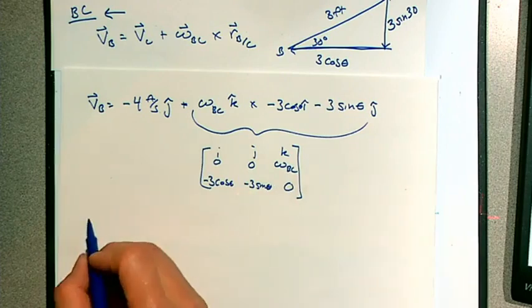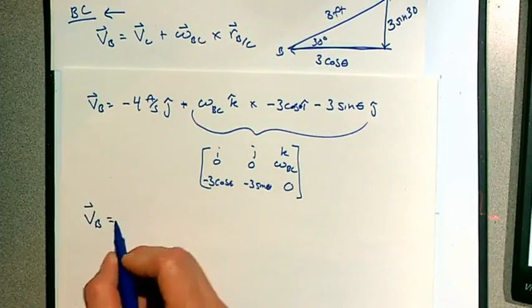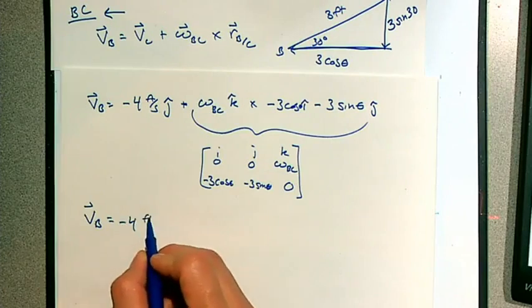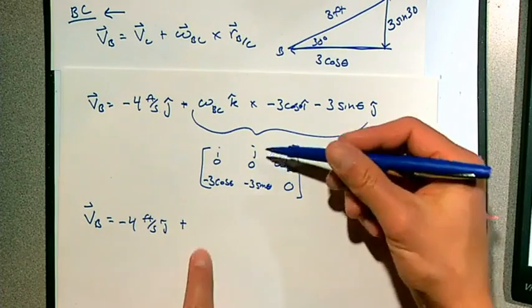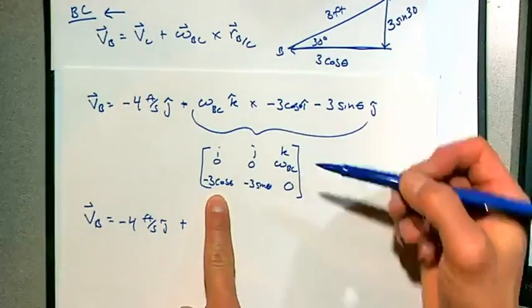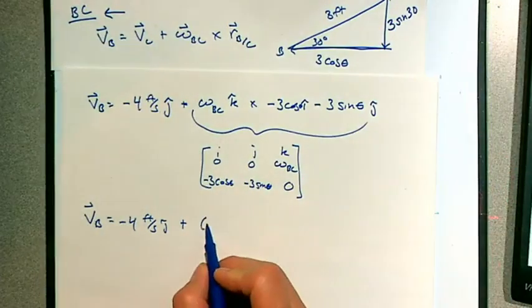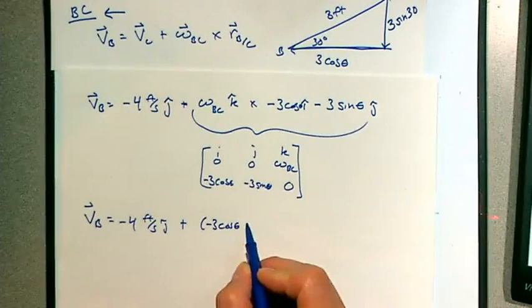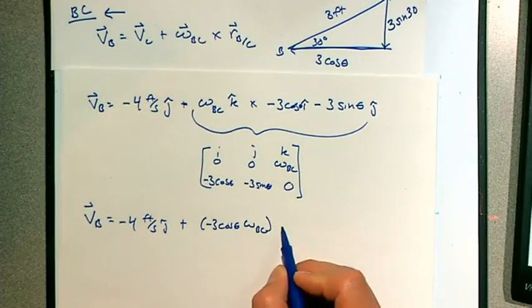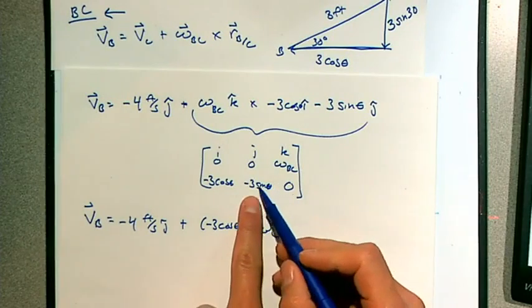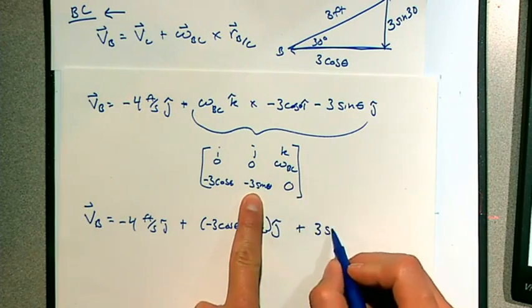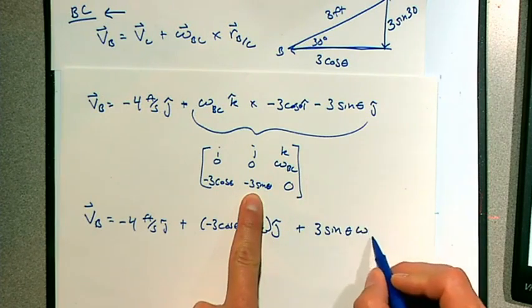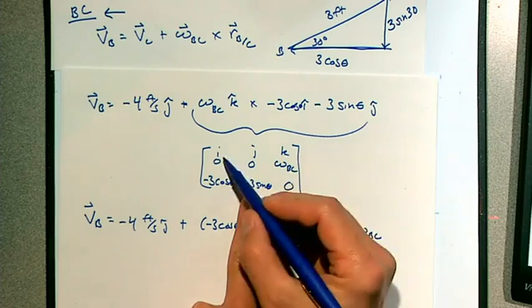So my velocity of B: minus 4 feet per second J, plus, what do I get from J? On J, I get down minus 3 cos theta omega BC. And then coming up the hill, I got a minus, so that's a plus 3 sine theta omega BC, and that would be my I direction.